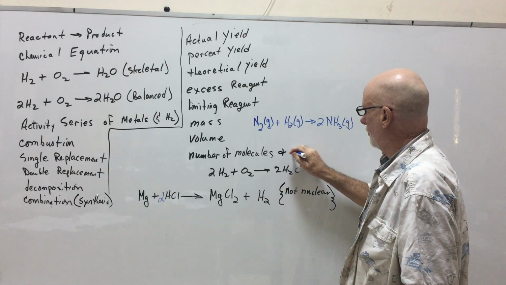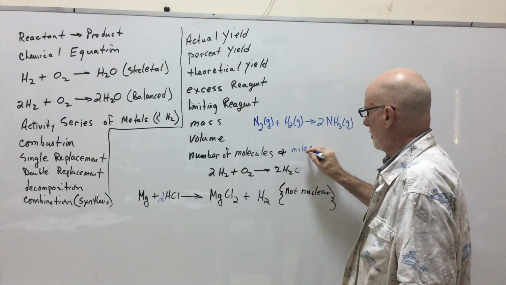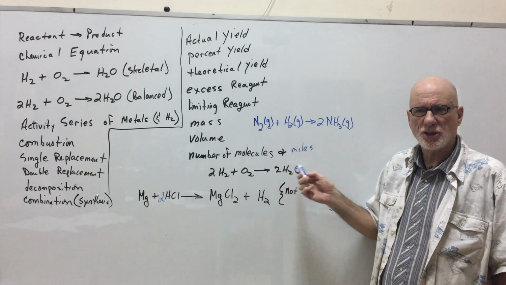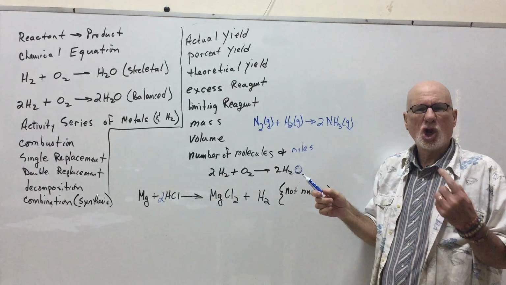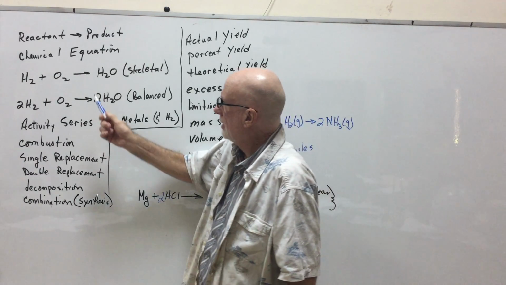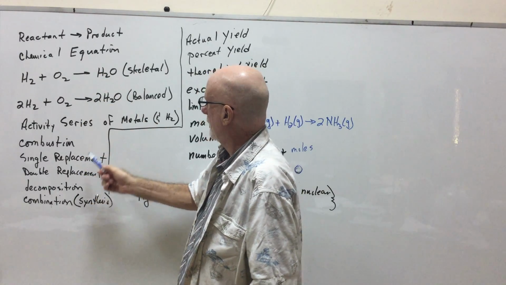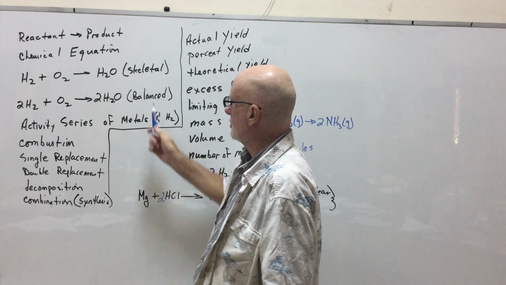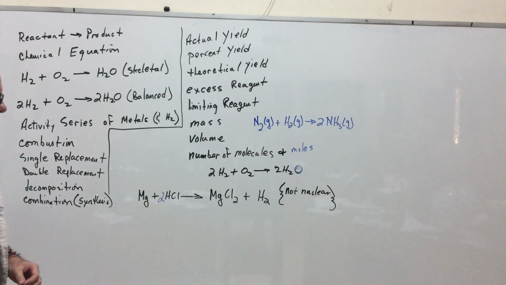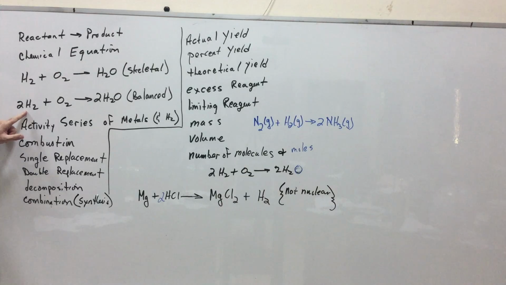Number of molecules and moles. Well, when I write this equation, hydrogen plus oxygen yields water, I can look at this. This is a stoichiometric equation. It's a balanced equation. Where did I get the word balance? Balanced equation, right? So I can look at this and say, I'm going to have 2 molecules of this and 1 molecule of that.